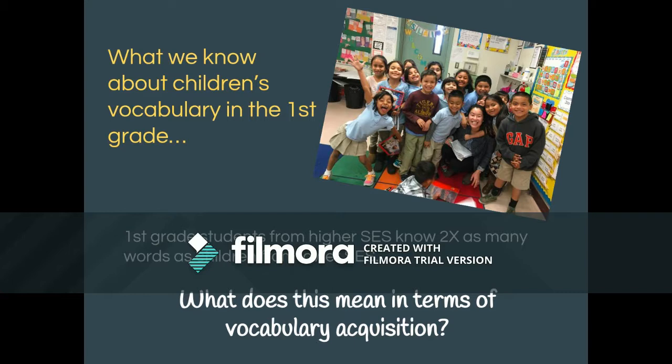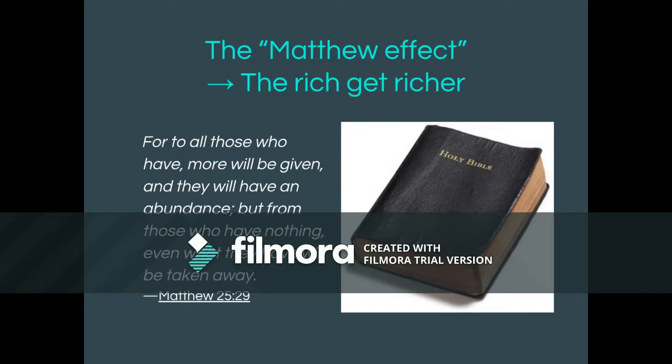So what we know about children's vocabulary in the first grade is that students with higher SES know 2 times as many words as children from lower SES. So obviously it's not good. And this is where the Matthew effect comes in, and it's from the Bible, and basically the rich get richer and the poor get poorer.